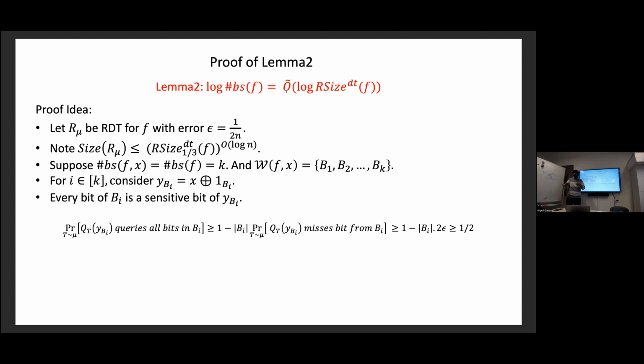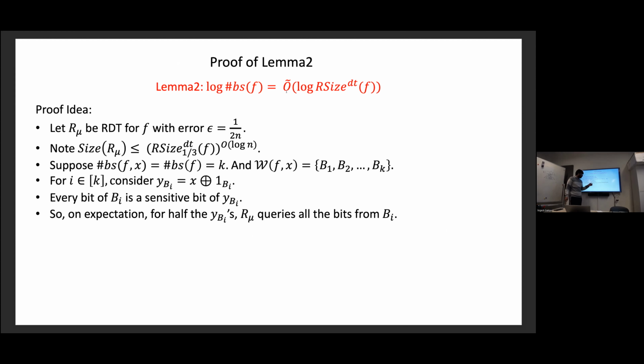And if all the bits of b are queried, then those inputs must go to distinct leaves because of the minimality that we saw earlier. So in expectation, the randomized decision tree must query all bits of b_i for half of them. That means that in expectation, half of these y sub b_i's must go to distinct leaves.